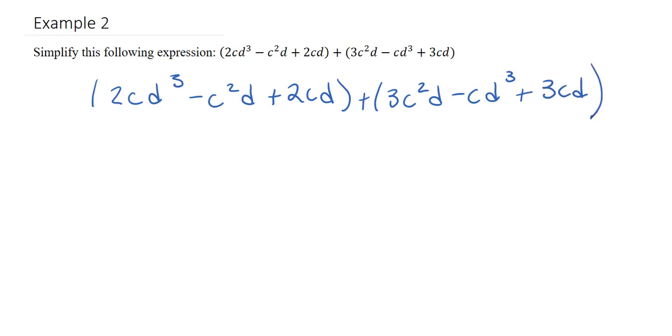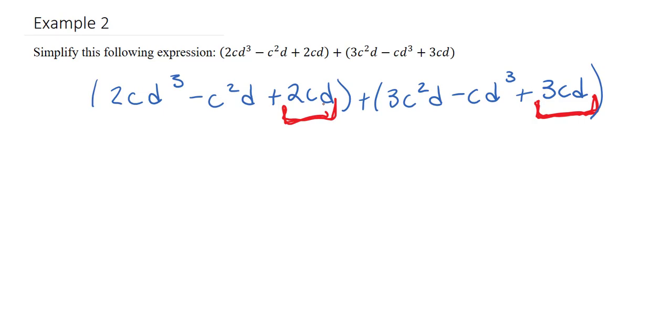So the first thing I'm going to do is indicate which ones are similar and that we can add together. So the first thing I notice right off the bat is we just have CD and CD here. So we're going to put them under red, like a line kind of bar underneath it to indicate we're going to add those two together.